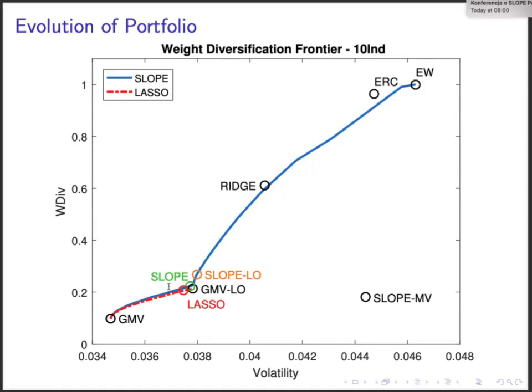Only in this range, when you borrow and allow some weights to be negative and positive, does the L1 penalty change and LASSO become active. SLOPE allows you to extend your portfolio by picking different sequences, from the global minimum variance to the equally weighted. This is interesting, and people are exploring it in finance to find out the best solution and how to use SLOPE best for portfolio optimization.